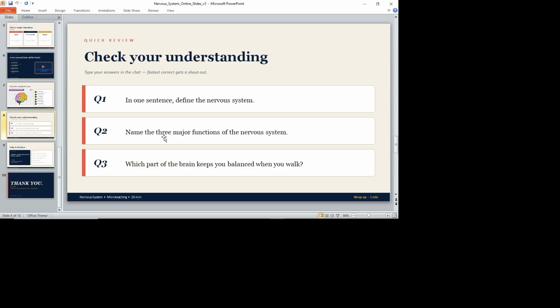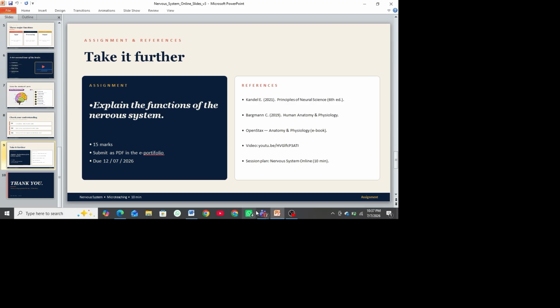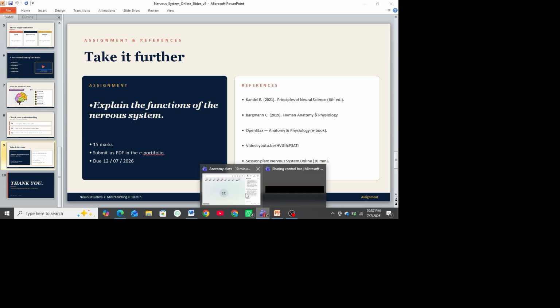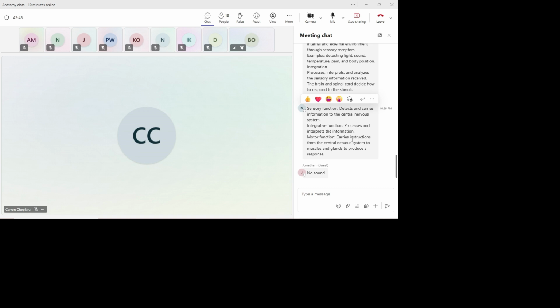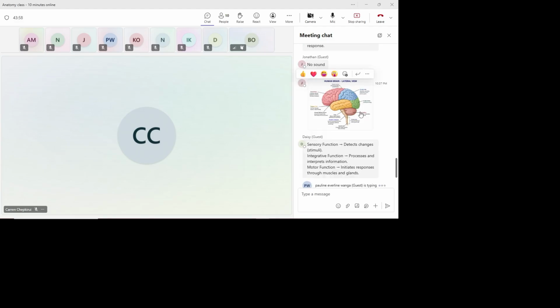Just one answer to see what we have learned today. Then I'll give you your activity for the session. So let me go to the chat. Let me see the correct definition of the nervous system. Let me see the 3 major functions of the nervous system, and let me see who writes what part of the brain controls our movements when we walk.